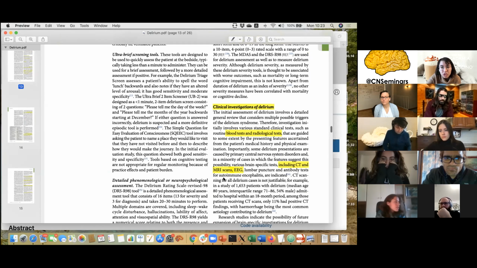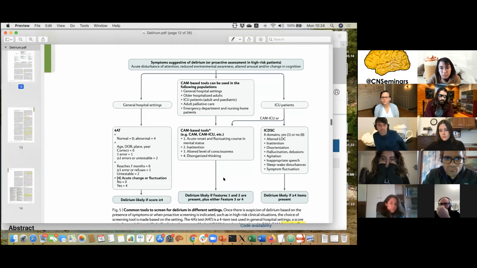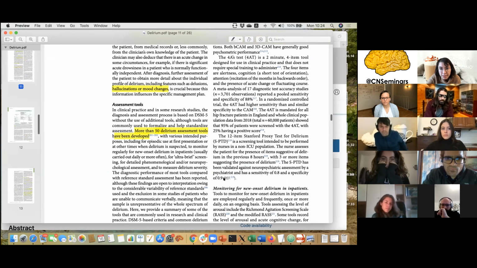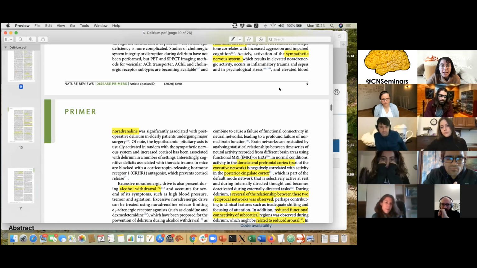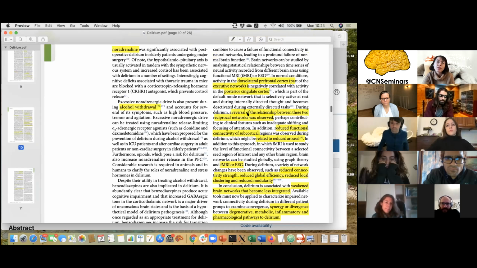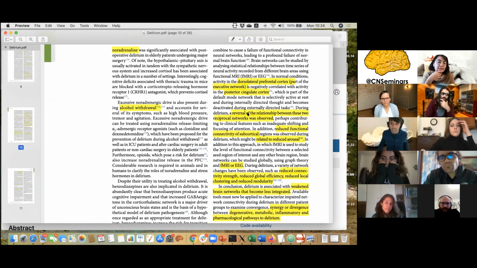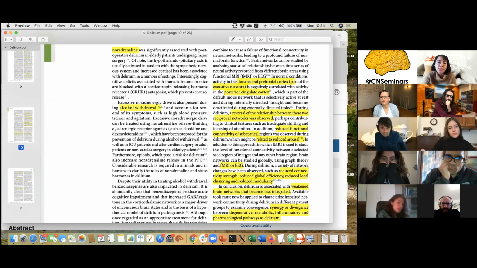And just to give an idea, here they also discuss some neuroimaging findings. So there are preclinical studies, so animal models, and also studies in patients in acute conditions, or also chronic patients presenting dementia that underwent fMRI and PET scans.